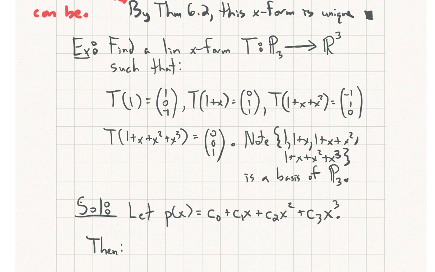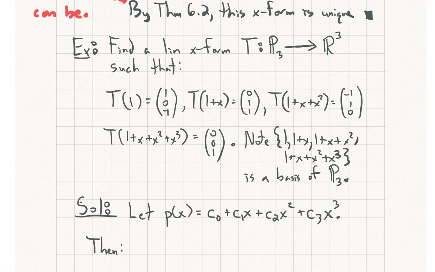For the next part, I noticed that x is just 1 plus x minus 1. And similarly, x squared is this guy minus the one before it. And x cubed is this guy minus this guy. Then we can use the properties of linear transformations to help us out here. So let's go ahead and write this down.